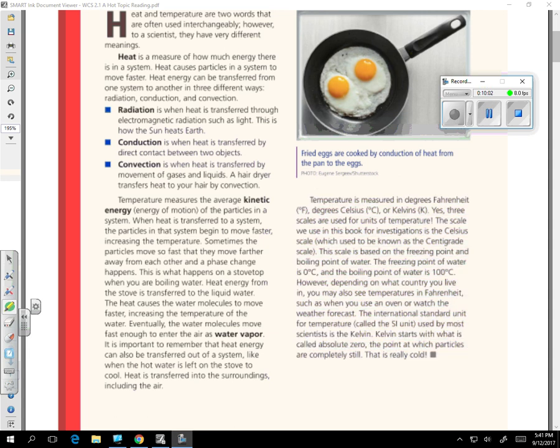So some important things to underline is that temperature is measured in degrees Fahrenheit, degrees Celsius or Kelvin. And on the side, I need you to write 3 ways temperature is measured.